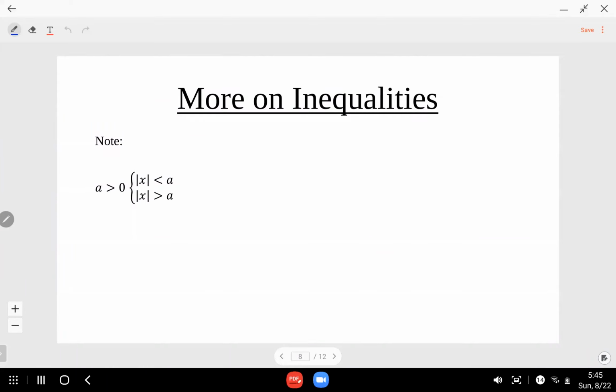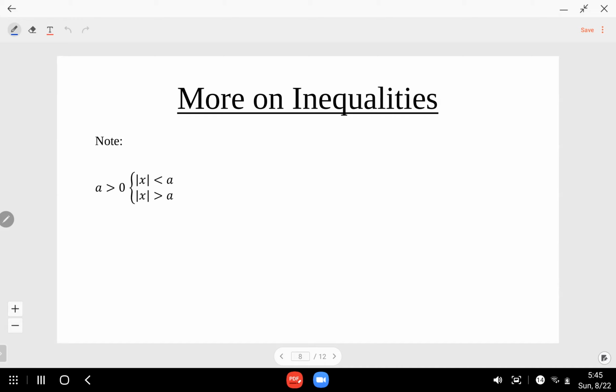Alright, inequalities. That was quick. So, inequalities. A is greater than 0. So here's more about absolute value inequalities, because that's what we're gonna be working with today.